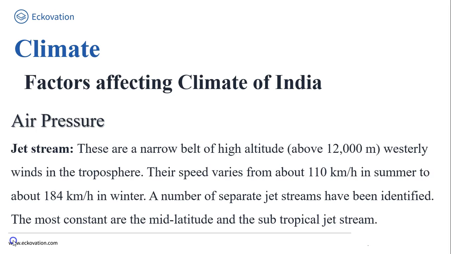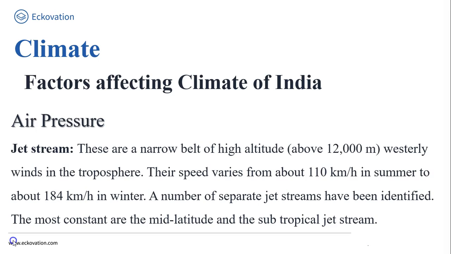An important component of this flow is the jet stream. अब हमें यहाँ पे ये जानना जरूरी है कि ये जेट स्ट्रीम होता क्या है. तो my dear friends, these are narrow belts of high altitude, above 12,000 meters, westerly winds in the troposphere. Friends, ये जो जेट स्ट्रीम्स हैं, its speed varies from 110 km per hour in summer to approx 184 km per hour in winter.